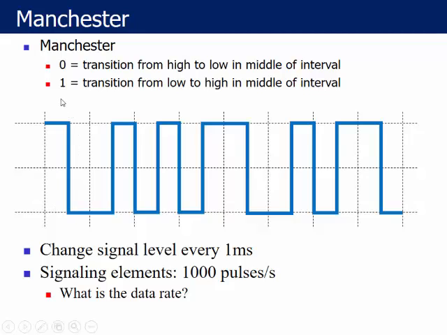If you have 0, then transition from high to low in the middle of an interval, 2 bits interval of the signals. In this case, at least 2 bits, but it could be longer. Someone might ask, oh, 1 bit compared to 2 bits, then it's a waste of resources. No, it is not the case.